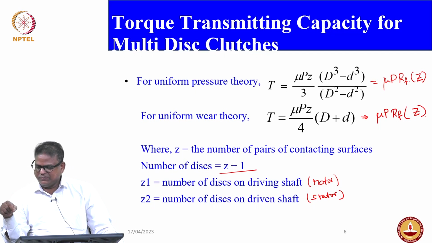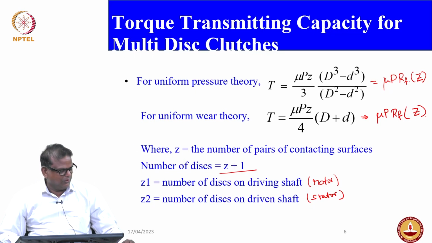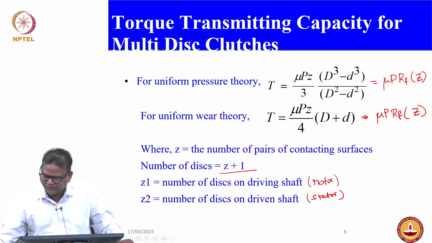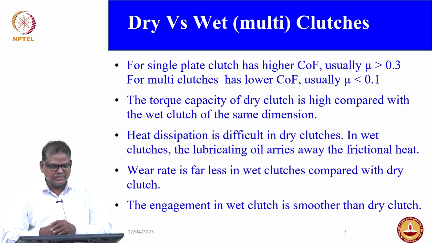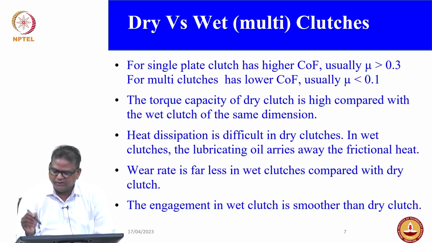So, the reason is you need to have friction, at the same time you have to look at other performance aspects also. Based on that, the lubricant needs to be provided for the multi-disc clutch systems. Now you can see the difference between the dry and wet clutches. A single plate clutch has a higher coefficient of friction, usually very high, greater than 0.3.